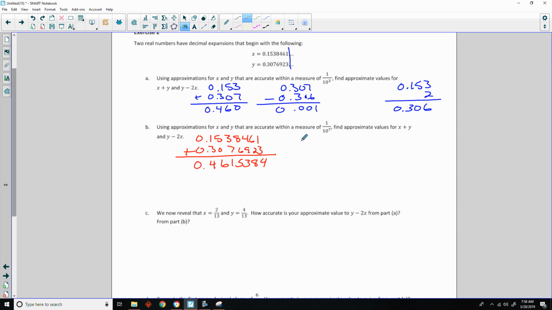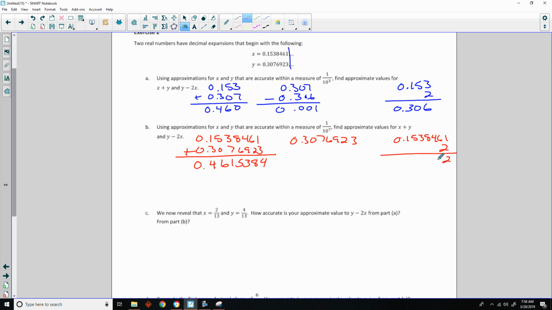And now I do this one, y, which is 0.3076923. Off to the side here, I'm going to take 0.1538461 and multiply it by 2.